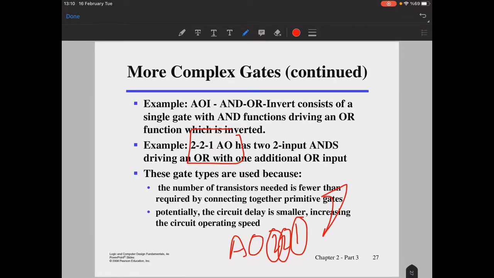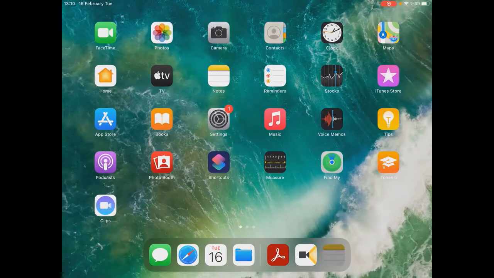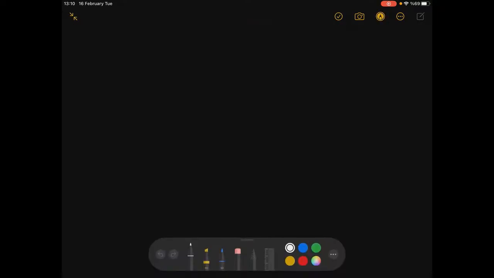Now let's take a look at some examples of them together so that I hope you will understand it better. Okay, let's start with the example in the text, AO221. It means that my AND level will have 2-input AND gates, and 1 input.